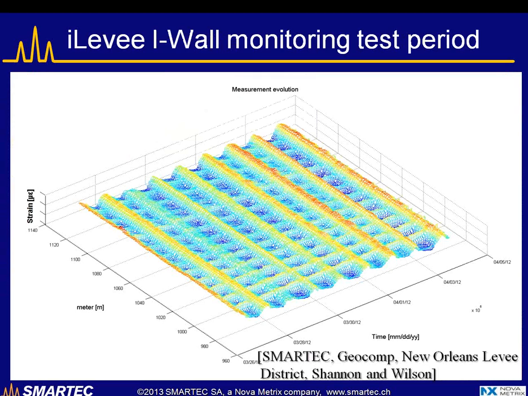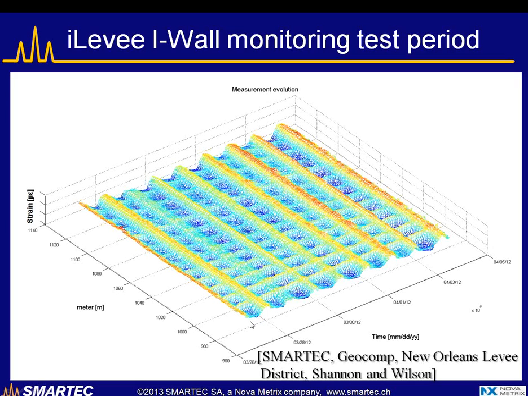In this picture, you can see an example of result we had in the first days of monitoring. In this case, what we see on the vertical axis or in the color is this measured strain, and on the two horizontal axes we have time in one direction, and we have also the position in the other direction.